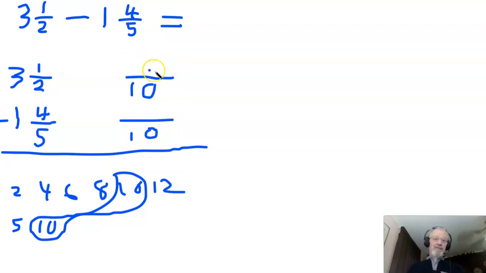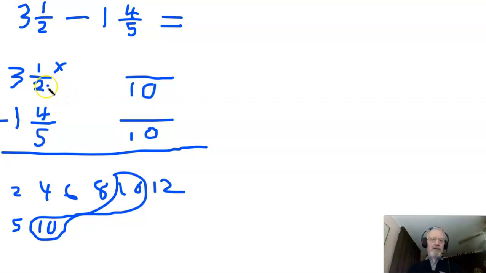Now, I've got to figure out what goes up here. And I know that it's going to be this numerator times something, but I don't know what. I don't know times what. And so the way to find out times what is to go 2 times something is 10.